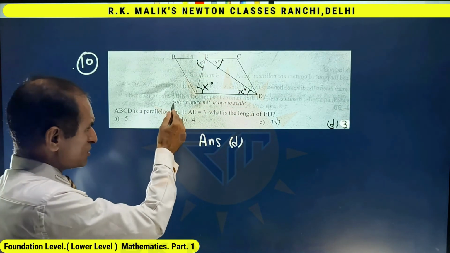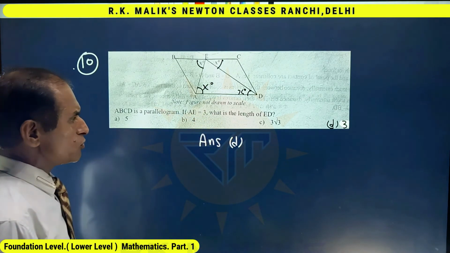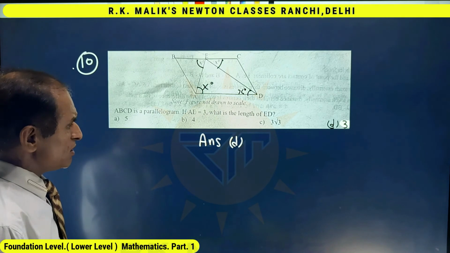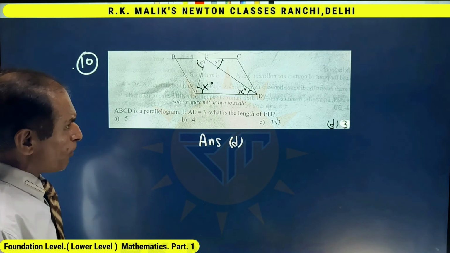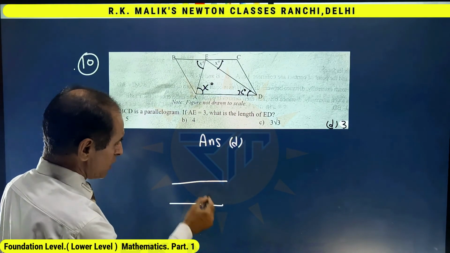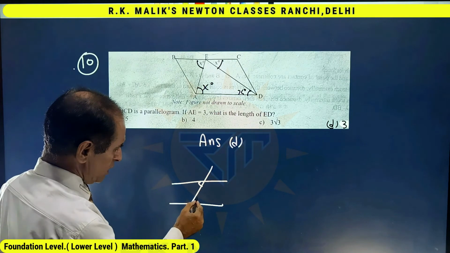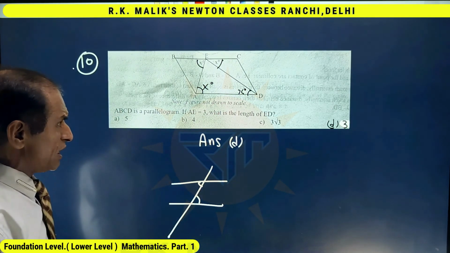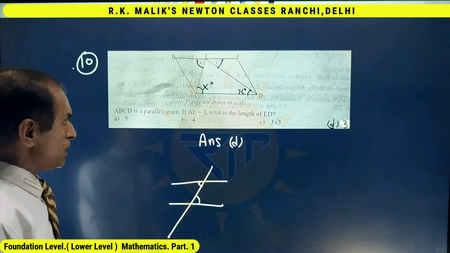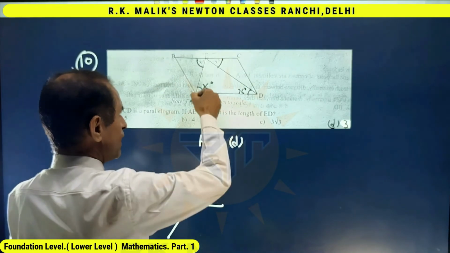Note that it is given to us that the figure is not drawn to scale, and according to the property of alternate angles, that is, if two lines are parallel and this is the transversal, this angle is always equal to this angle. Keeping this theorem in mind, you can see very easily these two are parallel lines.